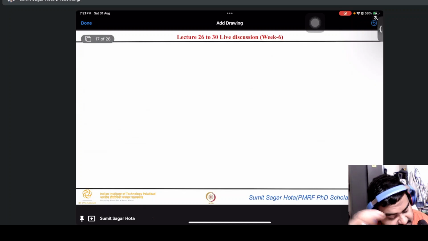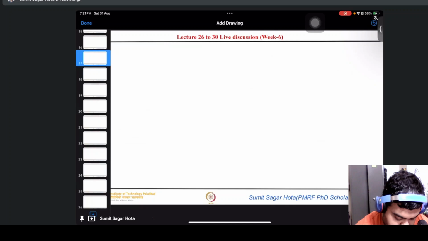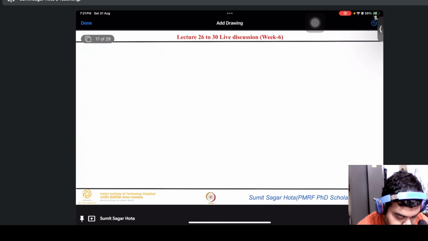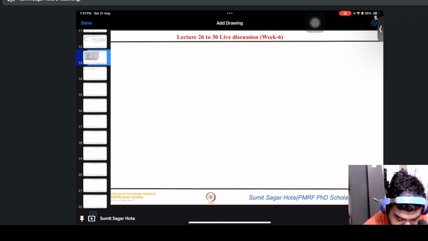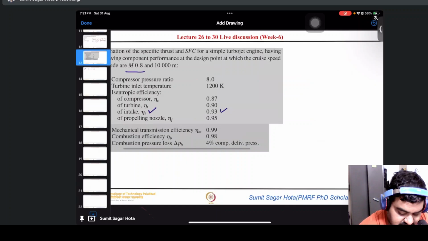Now next there will be a term called what? Isentropic efficiency of a compressor. So you see, isentropic efficiency of a compressor, 0.87 given.